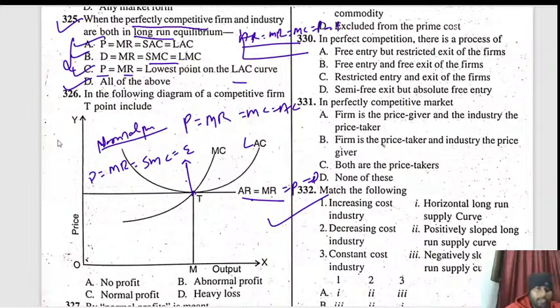But the given correct option is showing C. So why are these not correct? P equals MR equals the lowest point of the LAC curve, so the correct option is given as C. So in the above two options, what is wrong? P equals MR is obviously correct. Equals LAC or LMC, it is all correct, because the question has spoken about the long run.